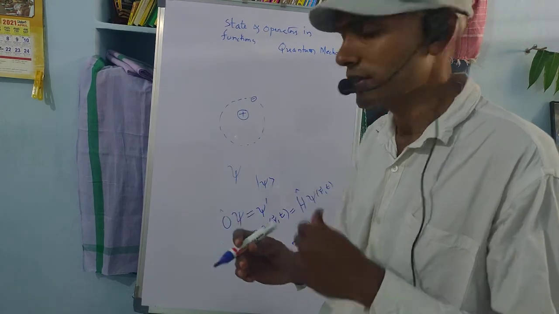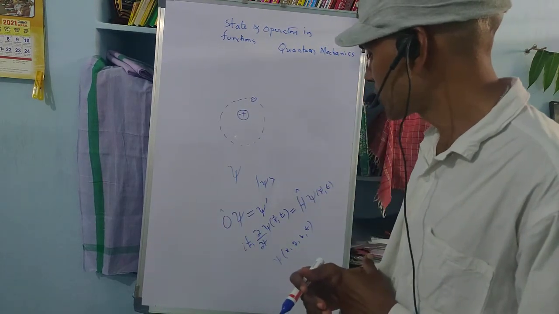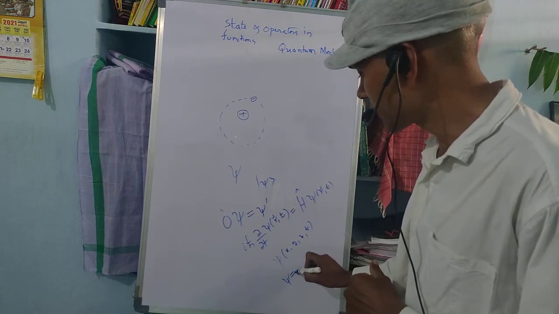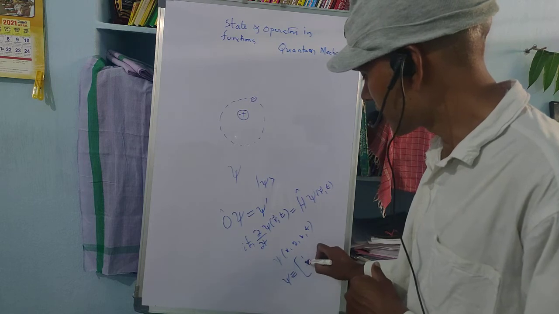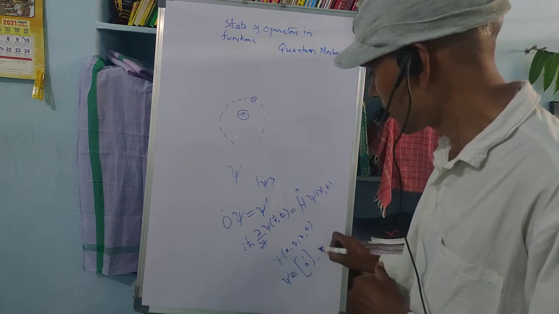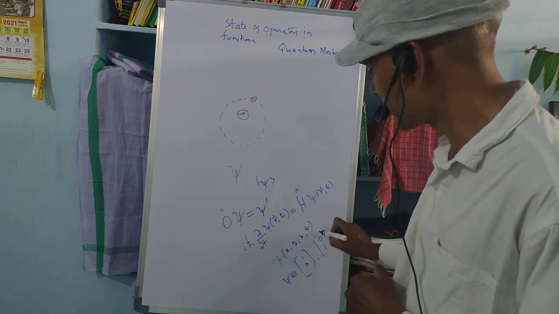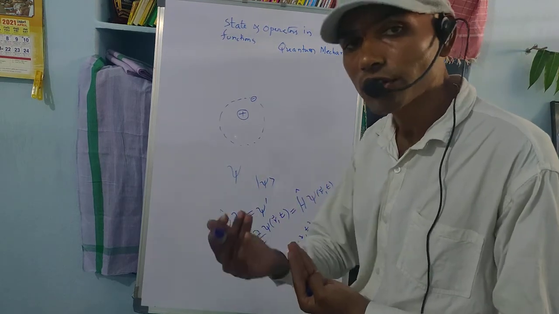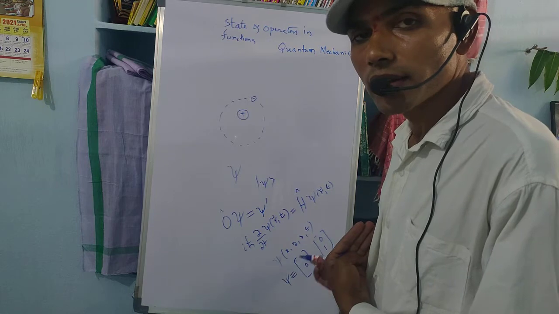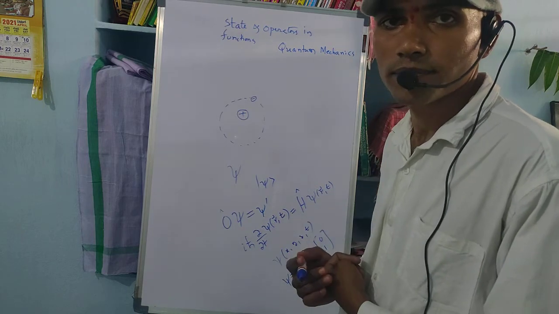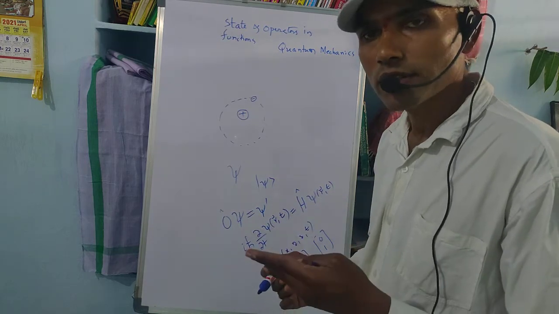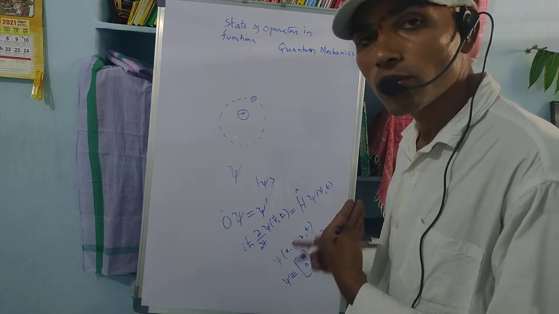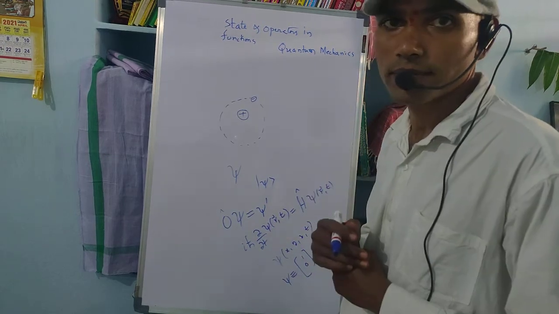So there are only two states. In that situation, the state function will be either 1, 0 for up spin or 0, 1 for down spin. So for spins, the state function we are denoting as column vectors. So state functions can be simple mathematical functions, or they may also be column vectors.